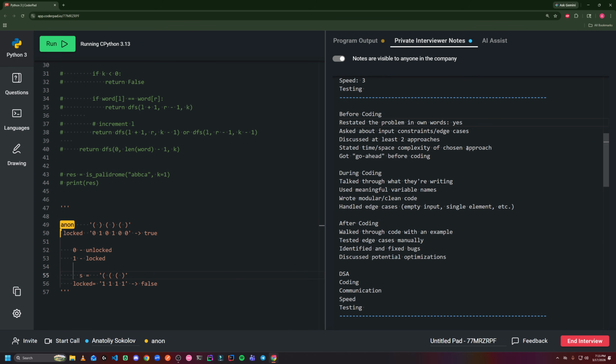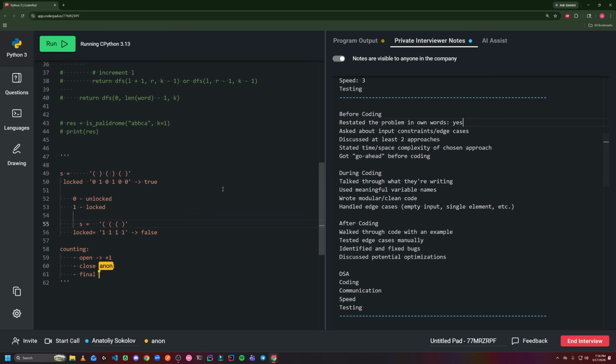Okay, great. These examples make sense. The thing that immediately comes to mind is, if we didn't have any of this locked logic, we could figure out if we have a valid set of parens just by counting the number of opens and closes. An open paren means plus 1 to the count, and a close means minus 1.